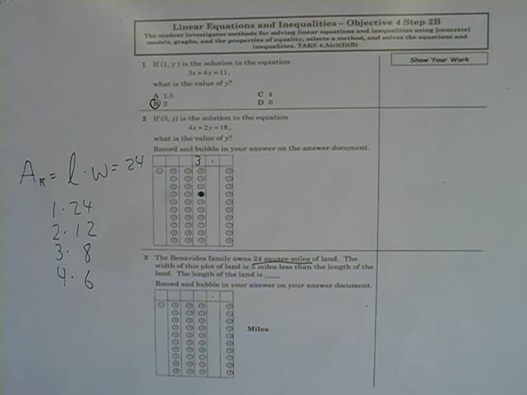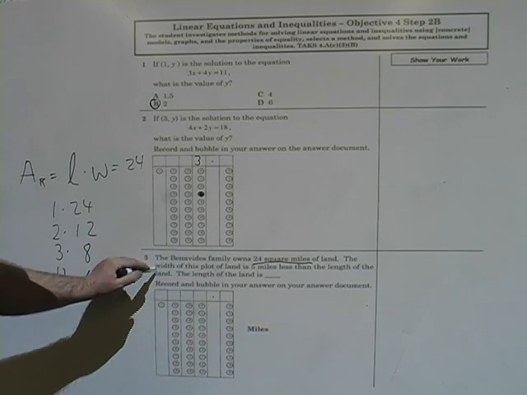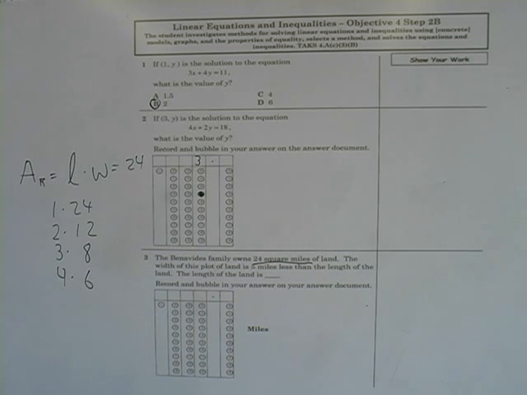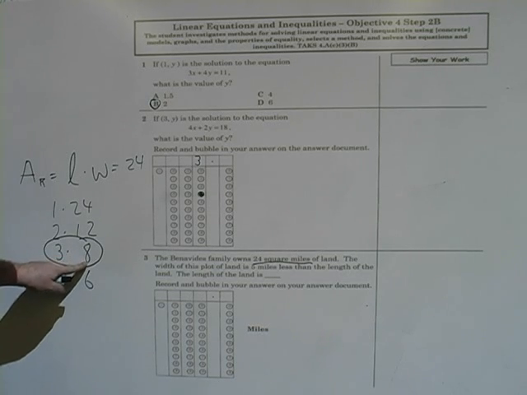Now we need to look at what else they tell us. It says the width is 5 miles less than the length. So which of these combinations gives you a width that is 5 less than the length? And you can see right here, if the width is 3 and the length is 8, then the width would be 5 less than the length.